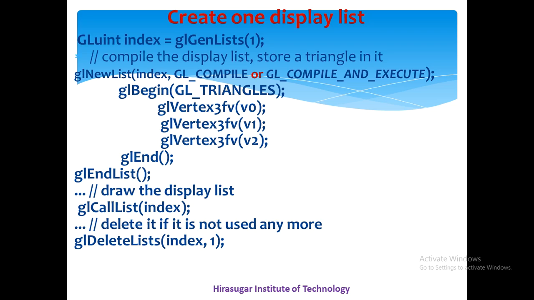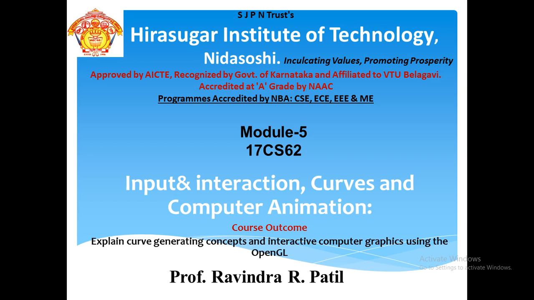You are creating your display list, that is GL_COMPILE_AND_EXECUTE. In GL_COMPILE mode you are only storing it for future use, meaning after compilation you keep it in some place on a server, then afterwards you execute. But in the second case, you compile and execute when you are storing, and then it is stored there. This is regarding these two modes of creating a display list.